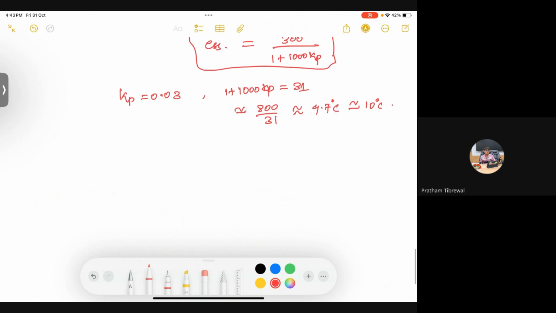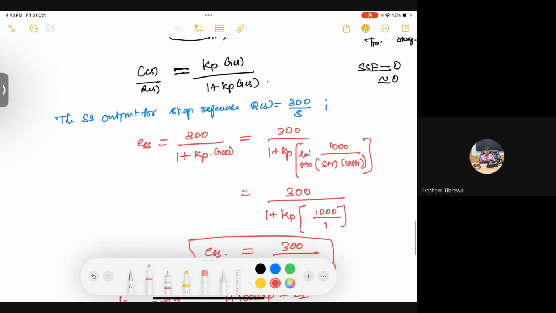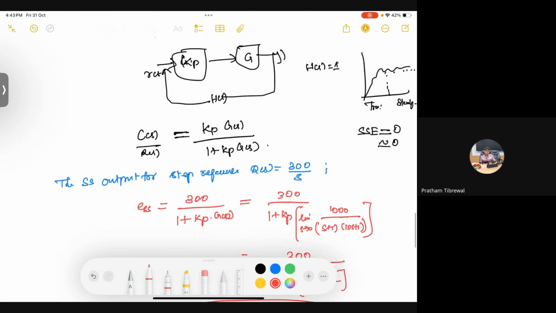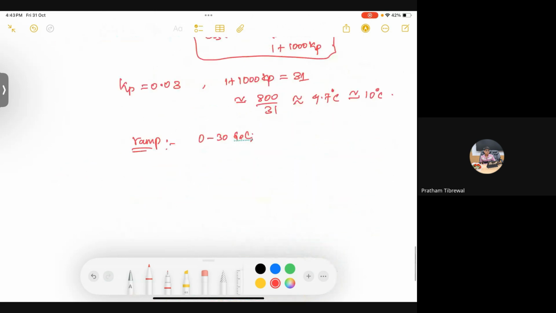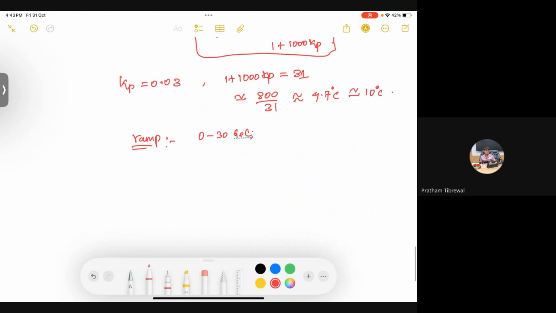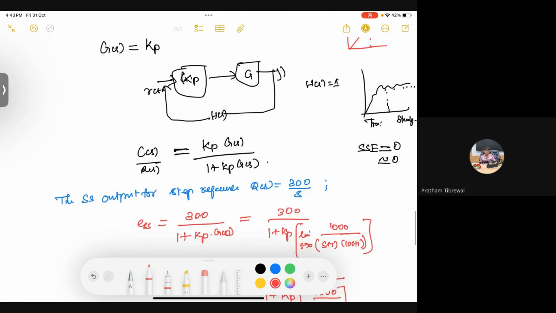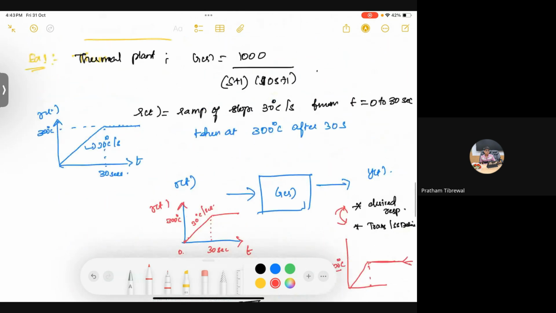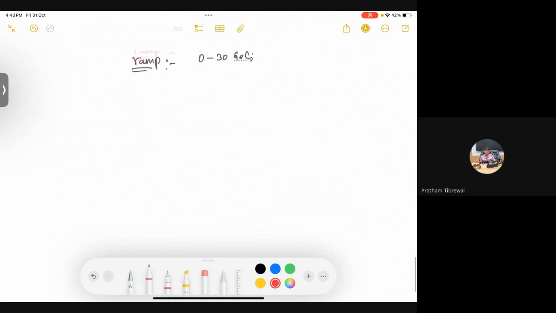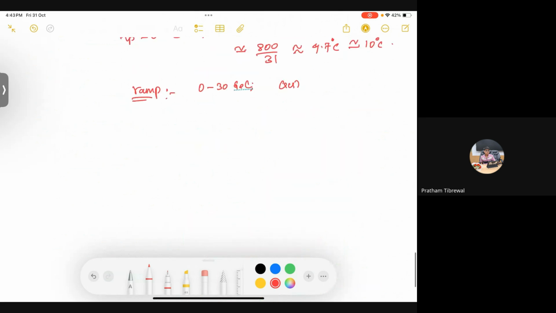And for the ramp, that is for the first 0 to 30 seconds, it will become a type 0 system, right? Because there will not be any integrator. G of S is equal to 1000 divided by (S plus 1) into (10S plus 1).